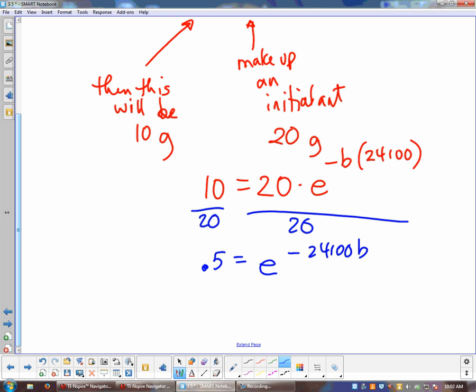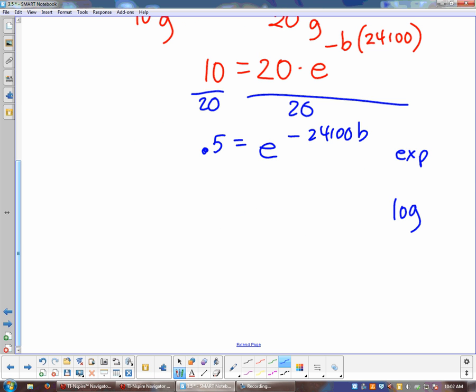Thank you. All right, next step would be what, Brendan? All right, what's it going to look like in log form? So log to the base e or ln, either one, of what?